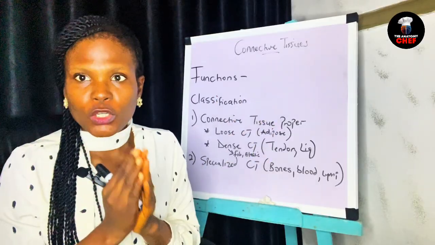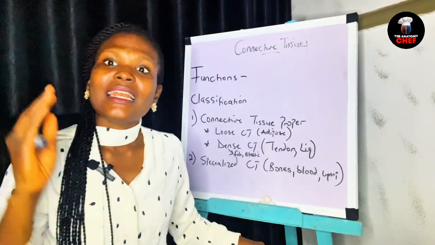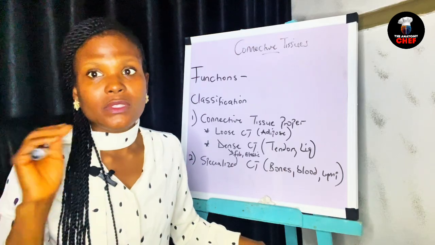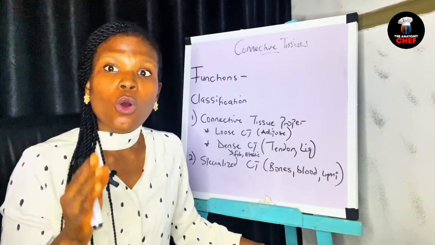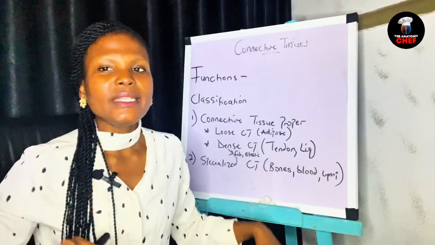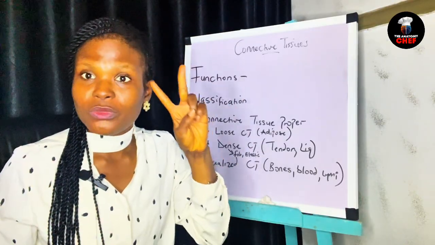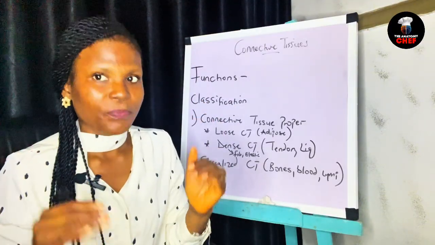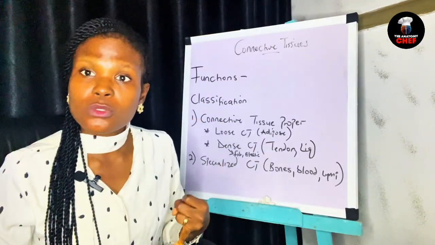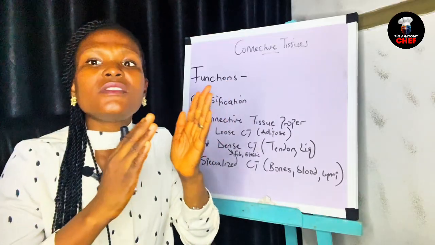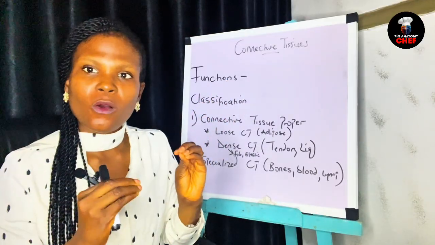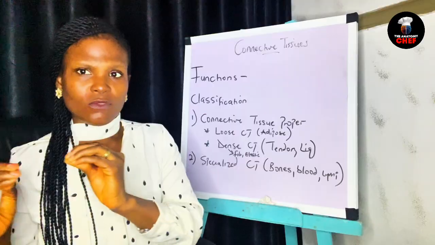Good. So we're going to be looking at the classification of connective tissues. Here I'm going to be classifying connective tissues into two different groups. Follow me. The first group is the connective tissue proper, and the second group is the specialized connective tissues.